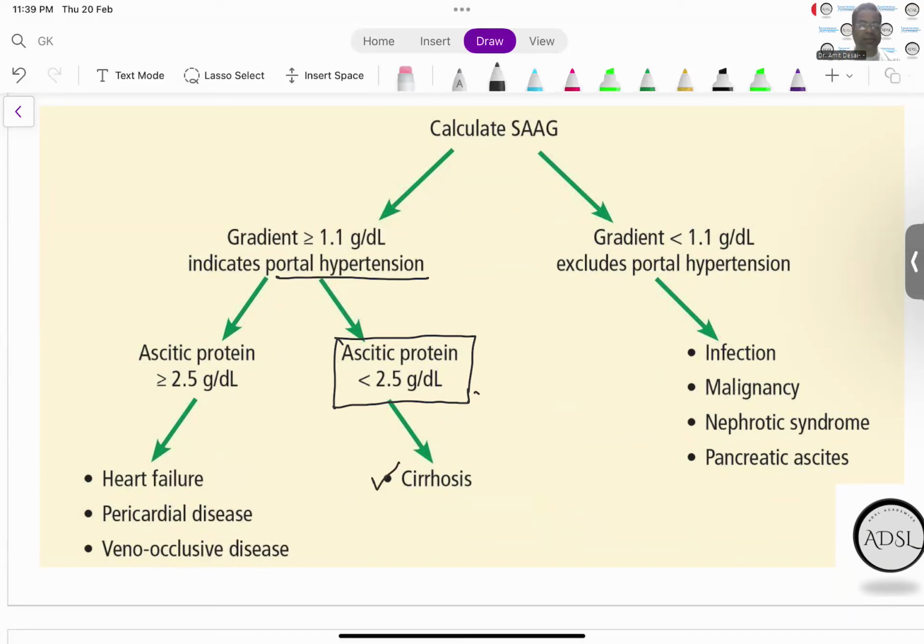Whereas on the other hand, very high amount of ascitic protein you will see in cases of heart failure, pericardial disease, or veno-occlusive disease. Whereas if the gradient is less than 1.1 gram per deciliter, that indicates that there is no portal hypertension. This you will see in cases of infection, malignancy, nephrotic syndrome, or pancreatic ascites.